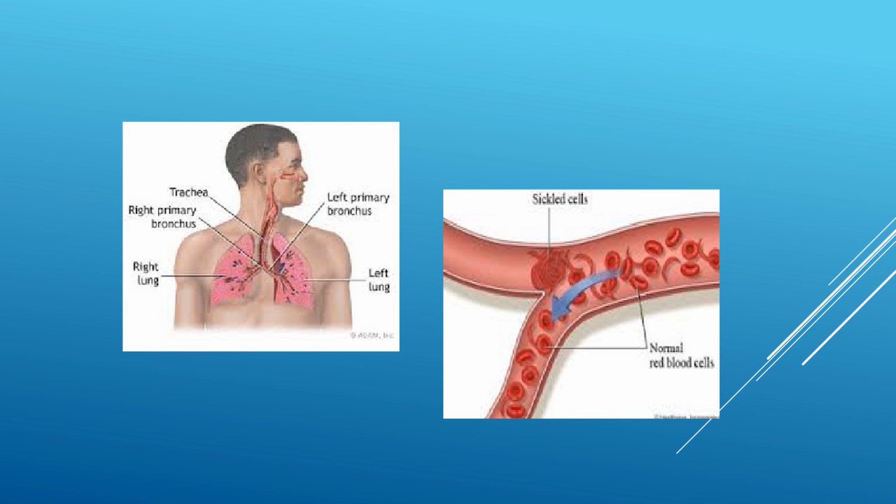So it can be very dangerous. That's why people who have sickle cell need to be watched continually and monitored to make sure they're breathing well, and if not, they need to go to the hospital right away, because it is very dangerous.